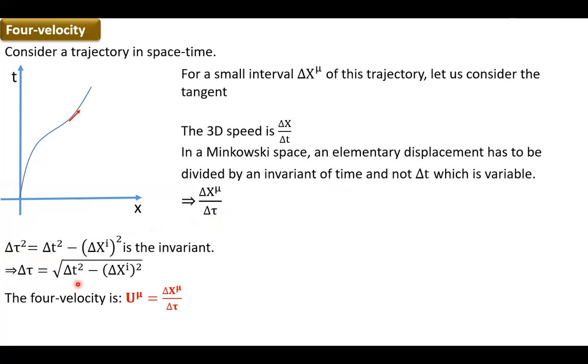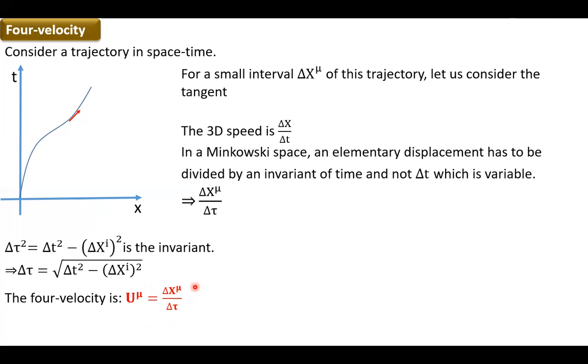So our 4-velocity, we will call it the vector u, the 4-vector u that has 4 coordinates from 0 to 3. The coordinates of this 4-velocity are u mu: u0, u1, u2, u3, which are equal to delta x mu over delta tau.